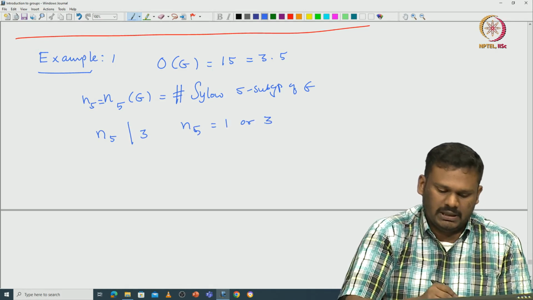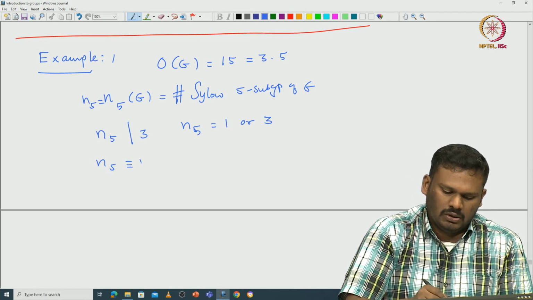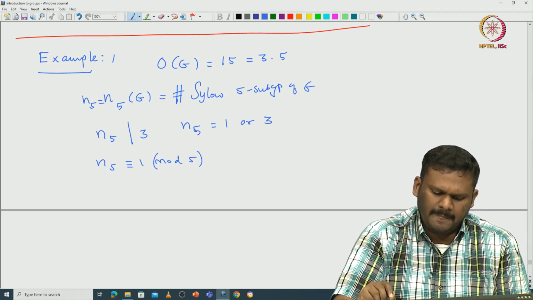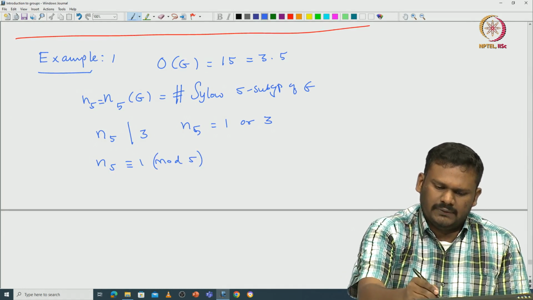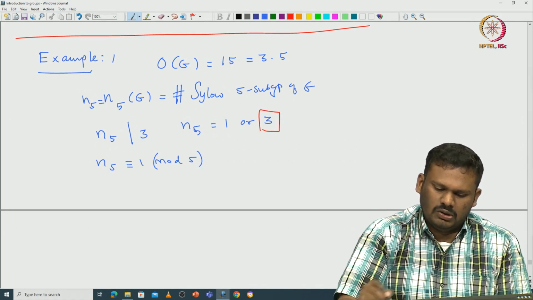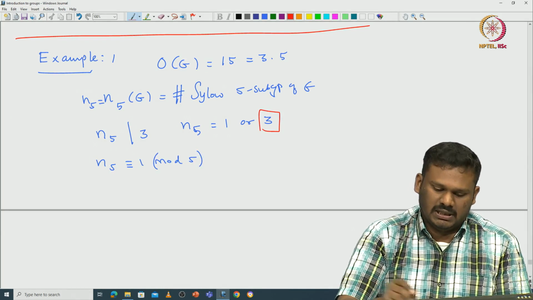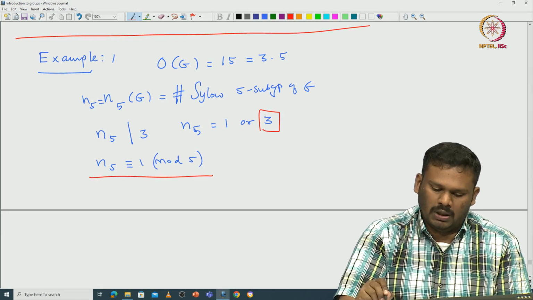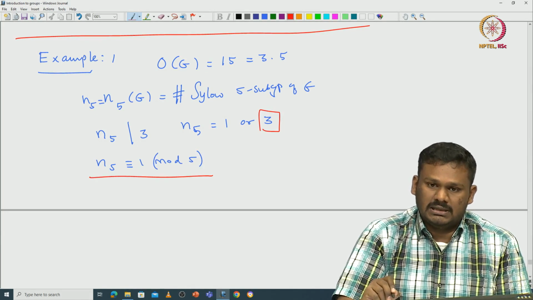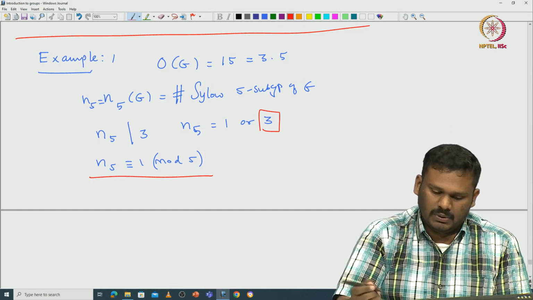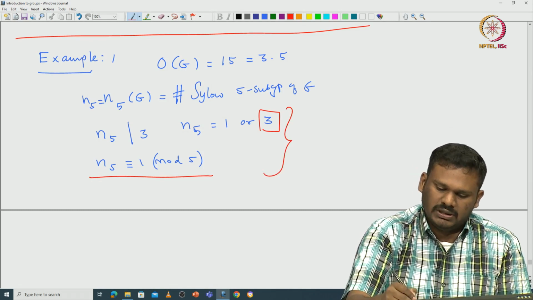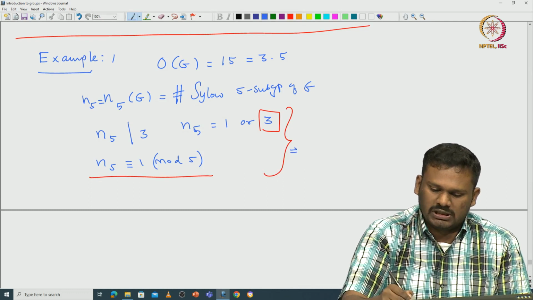Those are all the possibilities, and n5 must be congruent to 1 modulo 5. You can see that n5 equal to 3 will not satisfy the condition n5 congruent to 1 modulo 5, because 3 is congruent to 3 modulo 5. So, these two conditions force that n5 must be 1.